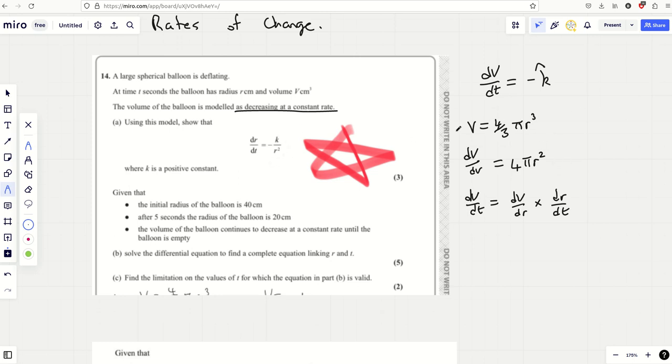And as long as their constant is my constant divided by or times by a number, then it's still a constant. So I'm going to put minus k hat in here, and then dV/dr, well, I've got that, that's 4 pi r squared. And I'm multiplying that by dr/dt. At this point I can find what dr/dt equals. I can say dr/dt equals minus k hat divided by all of this.